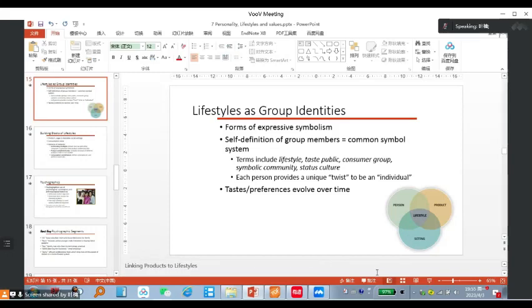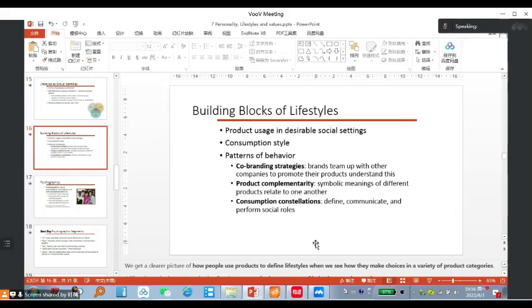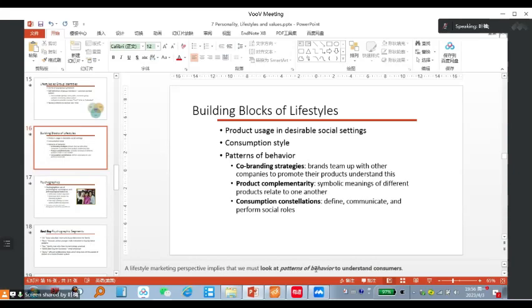So we can link products to lifestyles using these three factors: person, products, and the settings. This shows how people use products to define lifestyles. We can see how they make choices in a variety of product categories, and we must look at patterns of behavior to understand consumers.